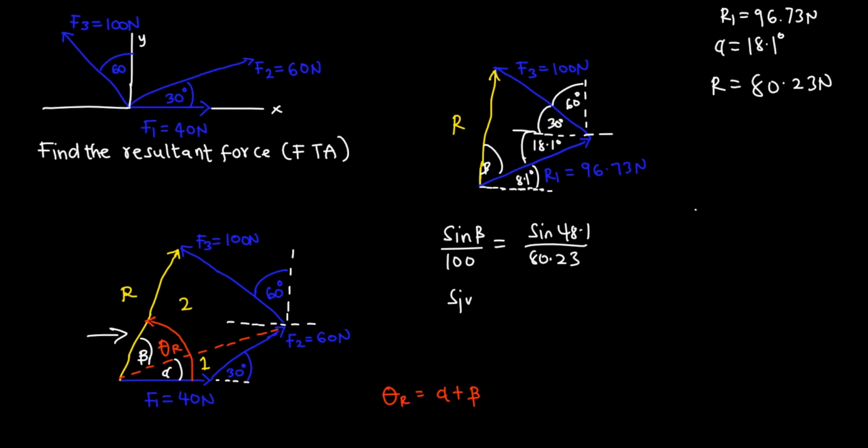So sine of beta should be equal to sine of 48.1 divided by 80.23 times 100. Let's simplify this. That would be equal to 0.9277.